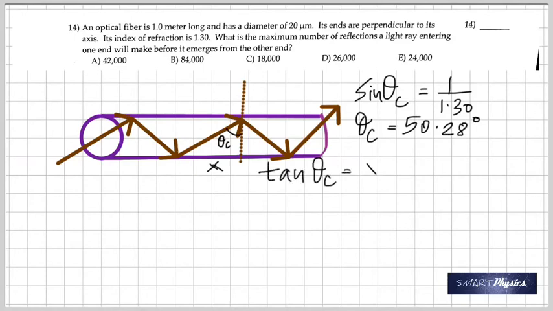Once you get that, in this triangle, if you look carefully, tan theta c is x divided by the diameter of the optic fiber, which is given. Okay, tan theta c is x divided by this. And that's 20 micrometer. That's why it's 20 times 10 to the minus 6.